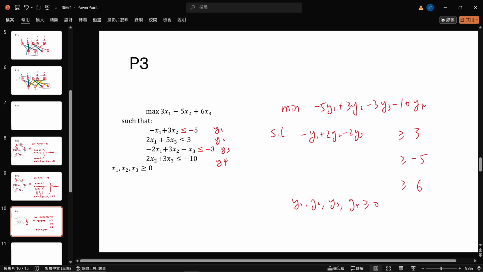And for the second constraint, the coefficient of x2, we get 3y1, no, no x2 in the second constraint.